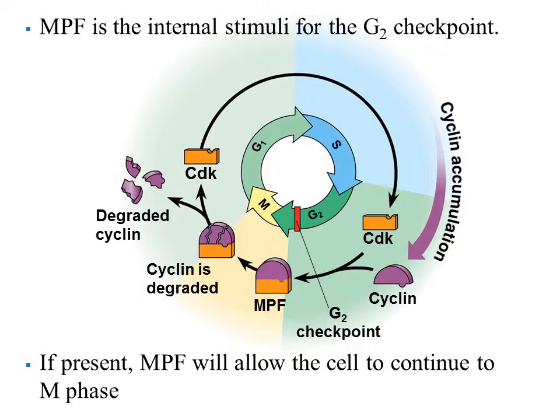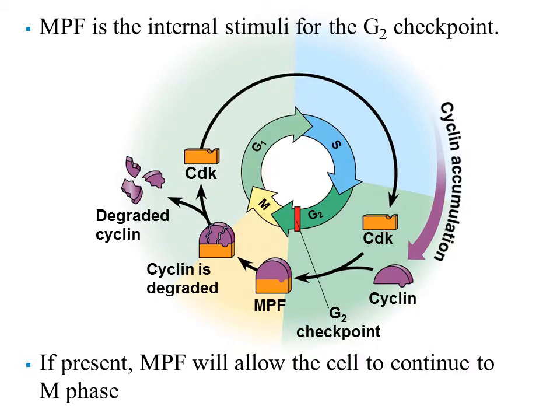So let's look at this image. What happens is we have a set number of cyclin-dependent kinases. That is the gold brick in this image. Let's say we have 100 of those molecules within a cell. The purple cyclins must be produced. They are a protein. So if we have 100 CDKs, we need to create 100 cyclins.